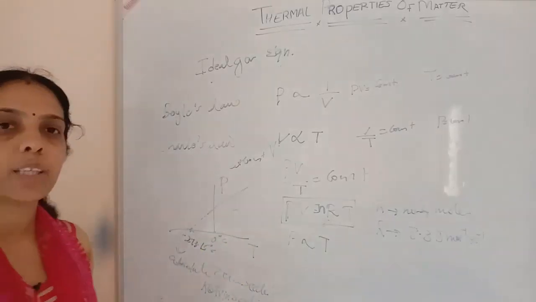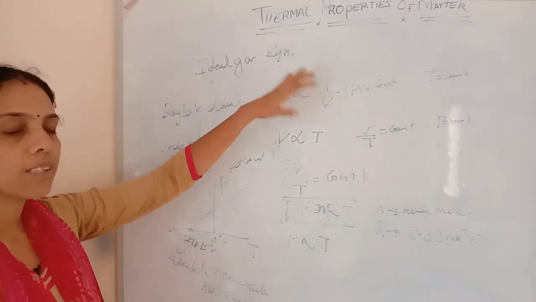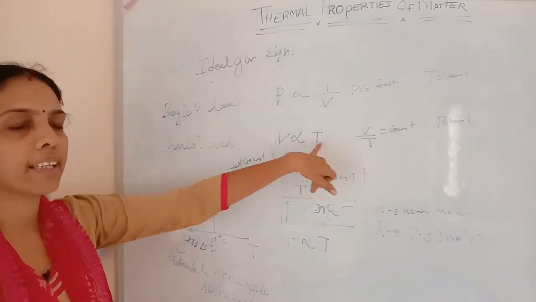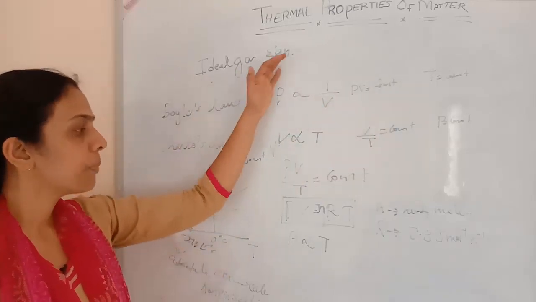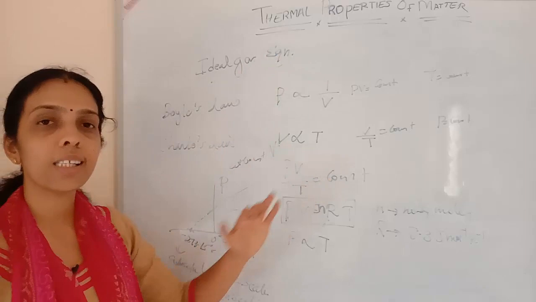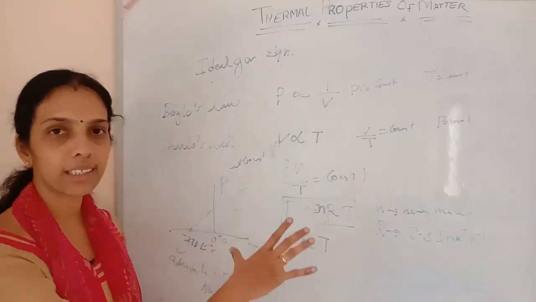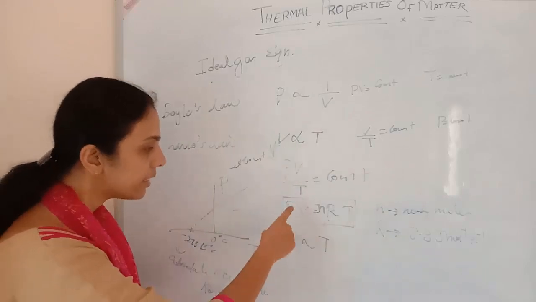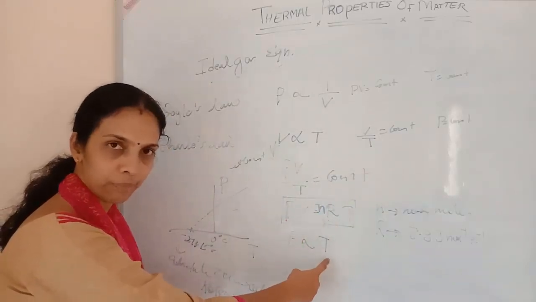For the ideal gas equation, using Boyle's law and Charles' law, we wrote it as P is inversely proportional to V, and V is directly proportional to T at constant pressure, that is Charles' law. Combining these two, we get PV by T is a constant, PV equals nRT, that is the ideal gas equation. But if volume is constant, P is proportional to T, isn't it?